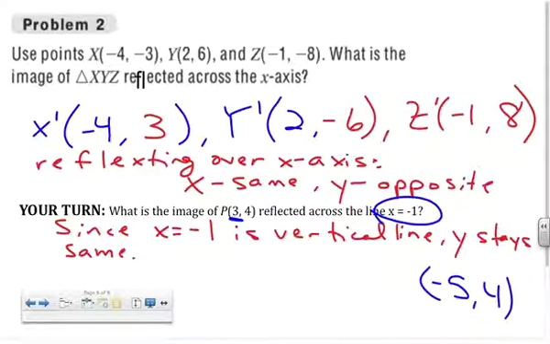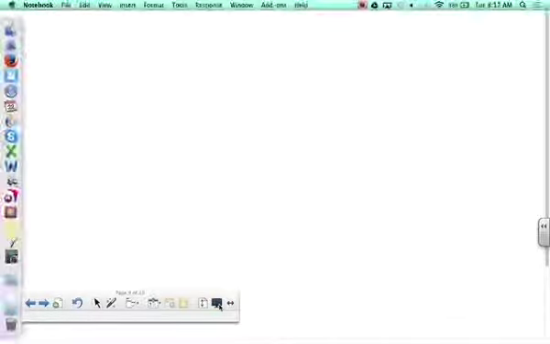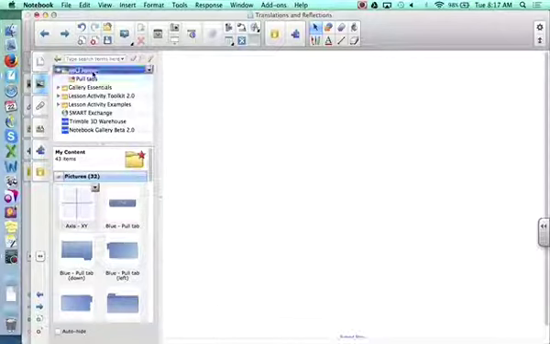Okay, let's look at it visually again. And again, gentlemen and ladies, there is no shame in being a visual person. I'm a visual person. Let me put a grid on here.